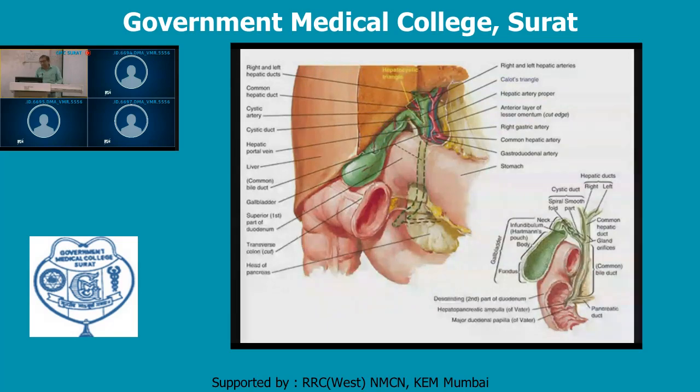As I explained previously, the gallbladder is located within the fossa for the gallbladder. So basically, this body is related with the liver, and the superior surface of the body is related with the fossa for the gallbladder.